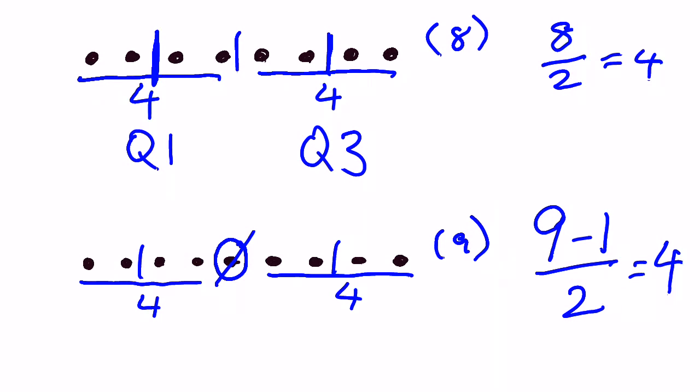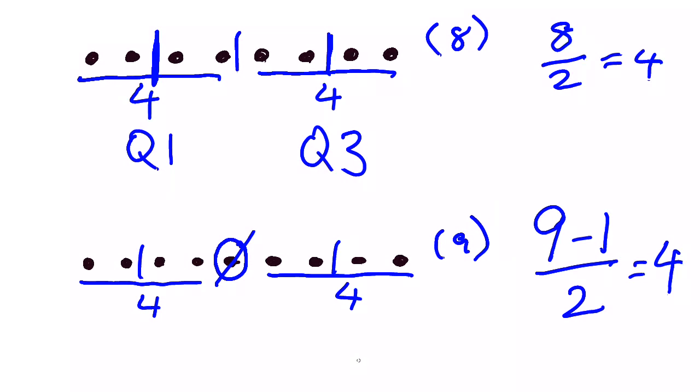If I had 173, I would take 1 off to get 172, and then cut that in half, which gives me, I don't know what, 80 something, 86 I think. Okay, so the 86 would be the number of dots that are in the lower half of the data and the number of dots that are in the upper half of the data.